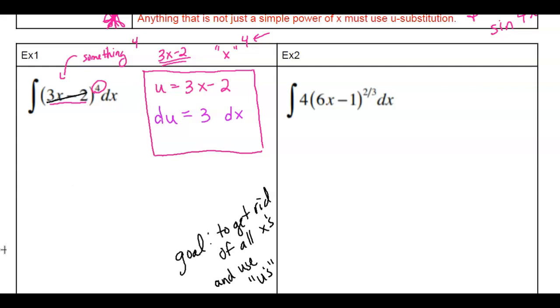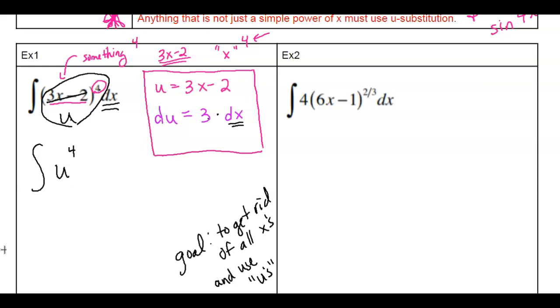But we can't just do that. Where I see 3x minus 2, that's u. So I've got the integral of u to the 4th. Now, I have dx here, but I actually have a 3 times dx.